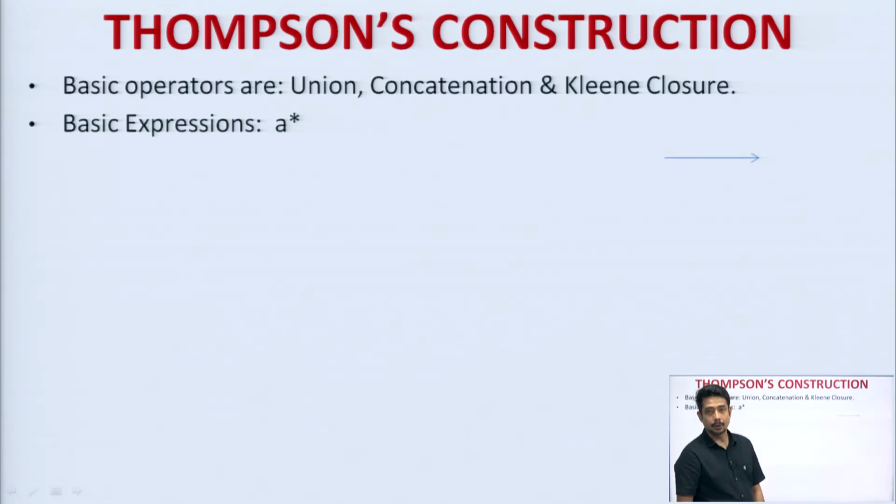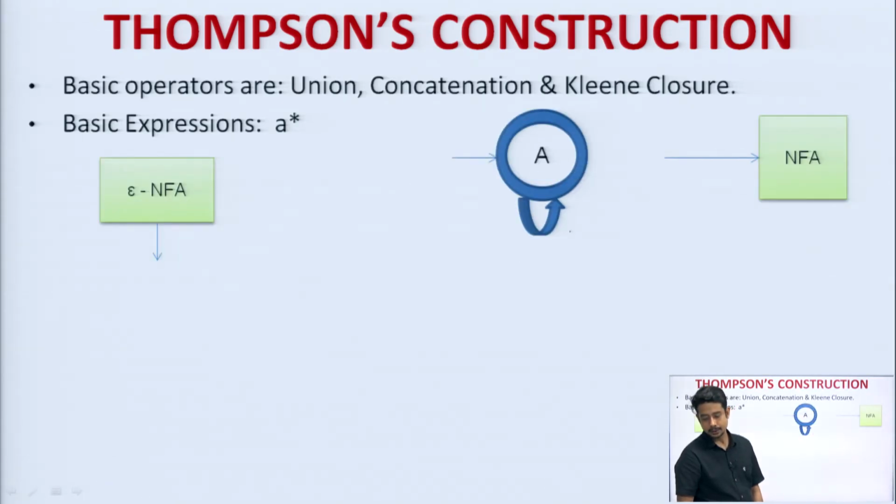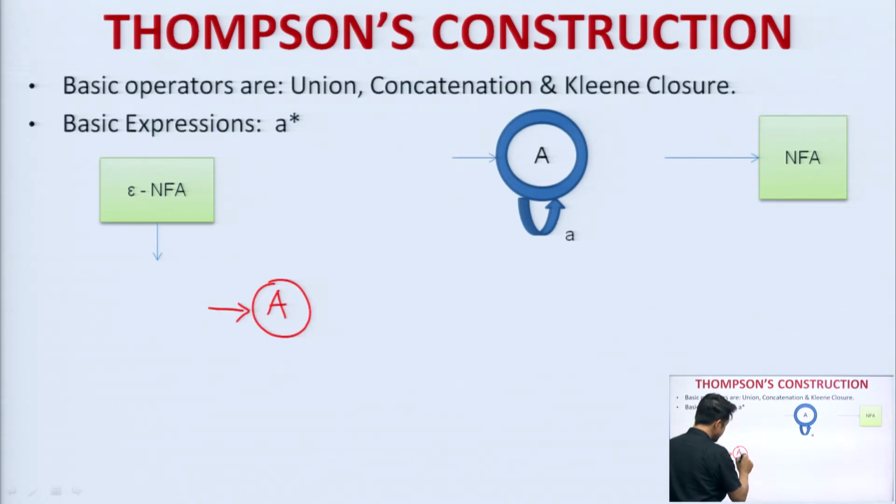Next comes A to the power Kleene closure. If we talk about NFA, we simply draw a self loop for A. But in the case of epsilon NFA, how to draw it? See, first I will take a state. From here I will take an epsilon transition.